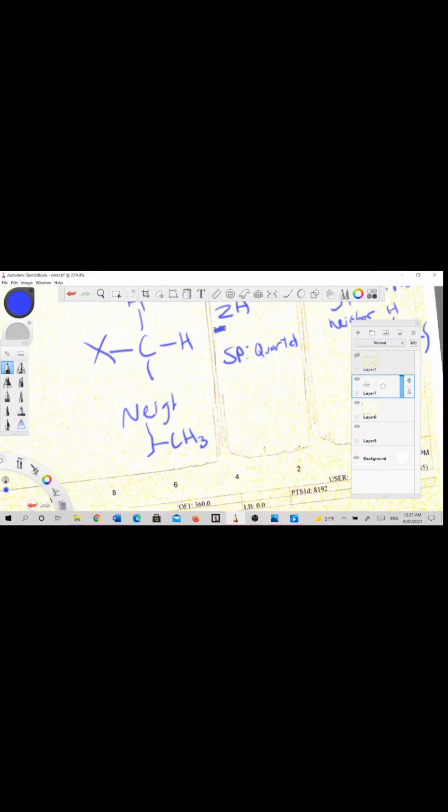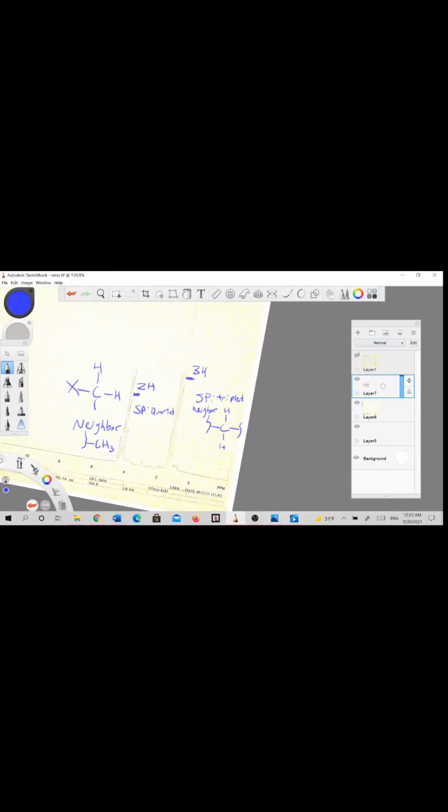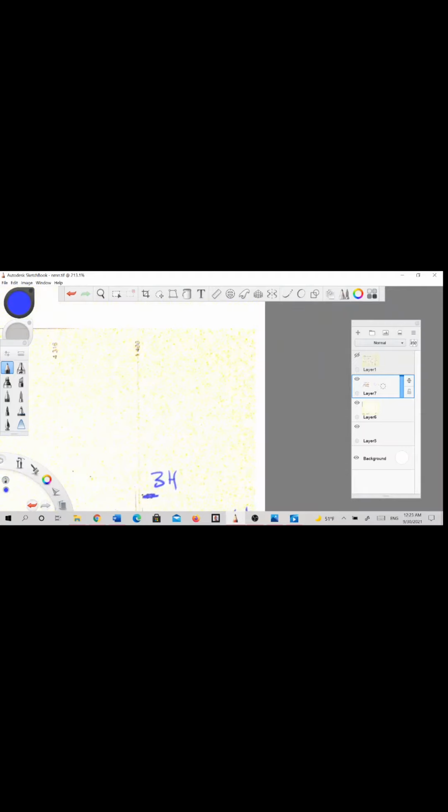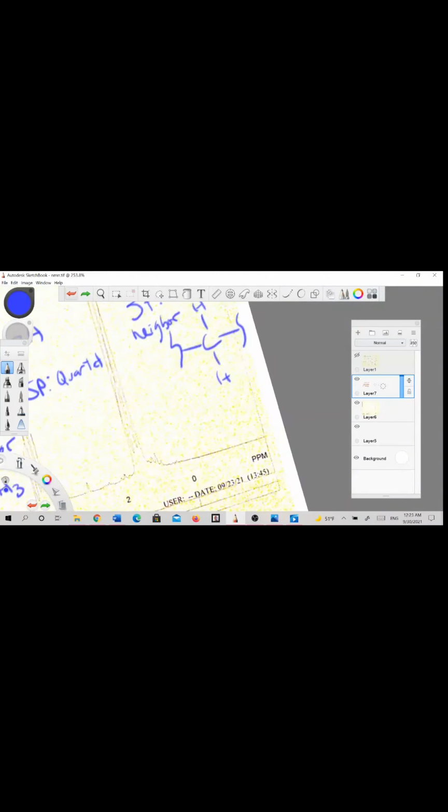Looking at the chemical shift, it is at about 1.4. If we go to our chart, you could probably just say that that's a carbon-hydrogen. Pretty easy, pretty simple.